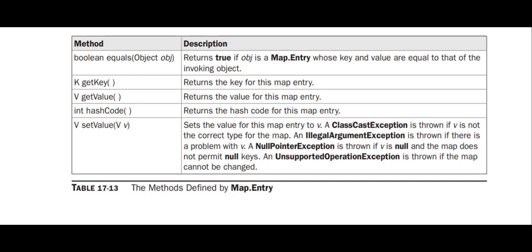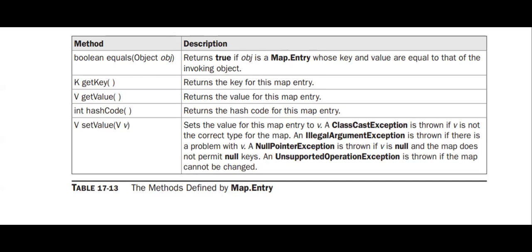So hash code is nothing but a string of characters that represents the hash value of the object. Then setValue. The setValue method takes a parameter that is a value object. It will set the value of a map entry. For a particular key, the value will be set.